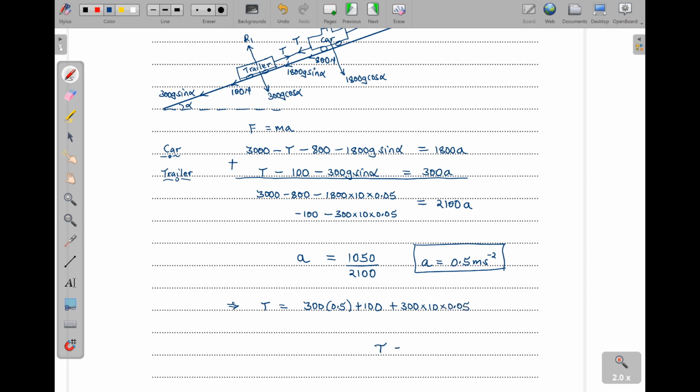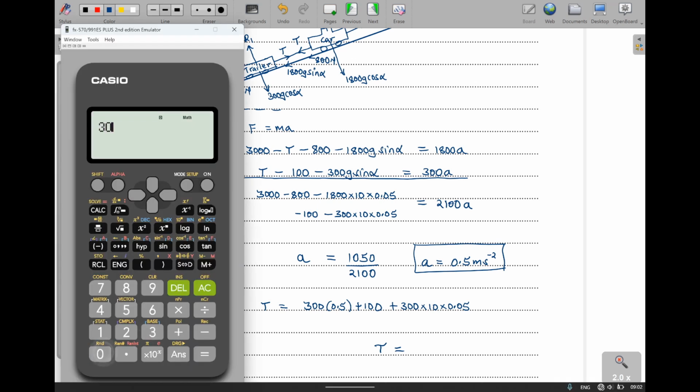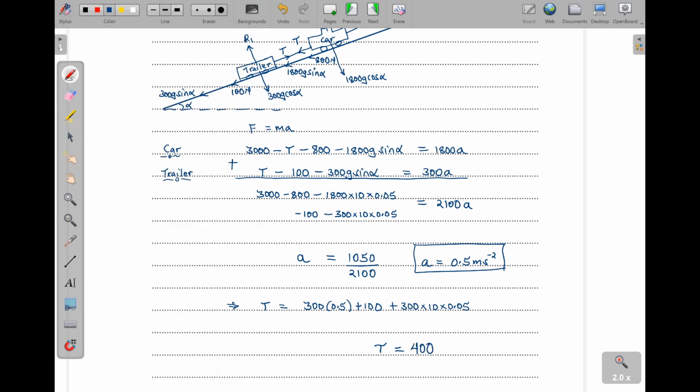So what will be the tension in the tow bar? 300 into 0.5, then plus 100, then plus 300 times 10 times 0.05. So that is 400 newtons. That is that.